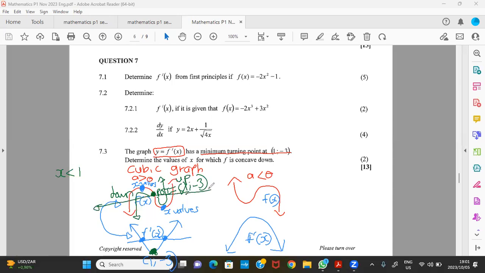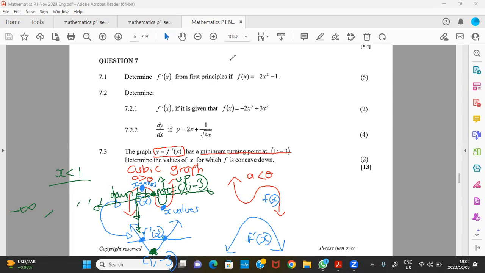So that's the answer: x must be less than 1. Because if x is less than 1, we are here, until negative infinity, and from my point of inflection going to the left, this is my concave down.